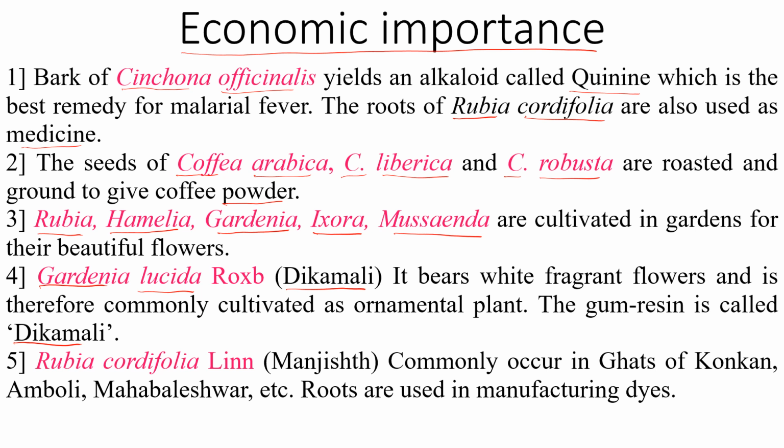Then the next plant, Rubia cordifolia, Marathi name Manjishta, commonly occurs in the ghats of Konkan, Amboli, Mahabaleshwar, etc. The roots are used in manufacturing of different dyes. So these are some of the economic importances of family Rubiaceae.